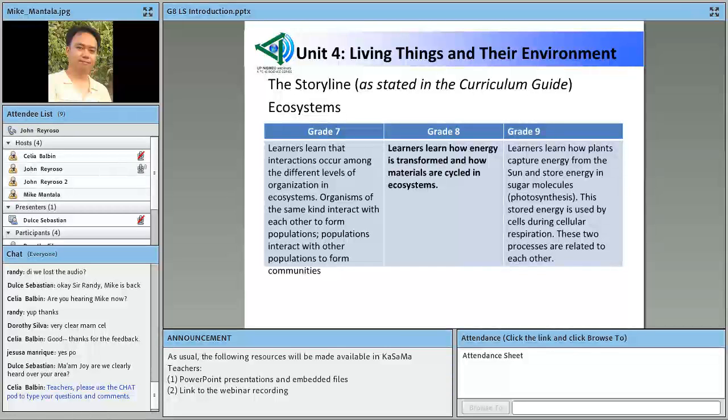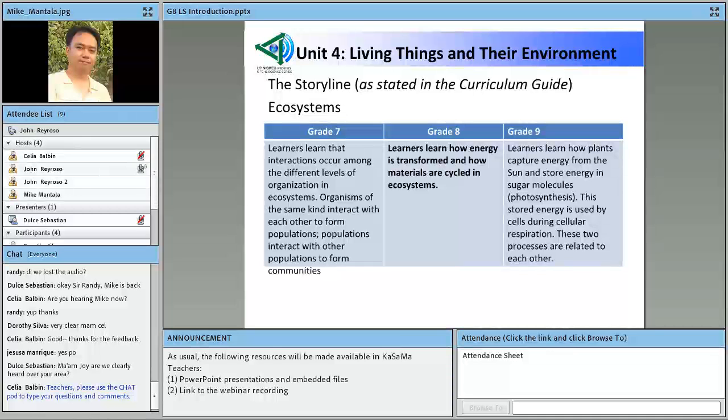Then when learners get to grade 8, they learn how energy is transformed and how materials are cycled in ecosystems. This transformation of energy in grade 8 is looked into through the feeding relationships, or through transfer of energy across trophic levels.